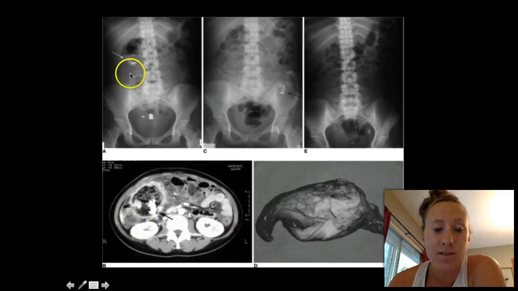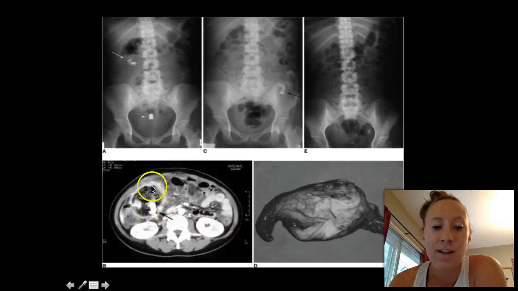So this is a radiograph of her abdominopelvic region, and these arrows here and here are pointing to some abnormalities. B here is a CT scan of her axial region of her body, but you can see this huge foreign object in there. That is the sponge that they left in during surgery.